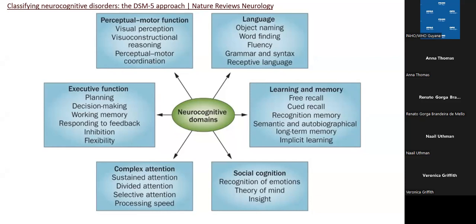So memory impairment, isolated memory impairment, is not sufficient to diagnose dementia.